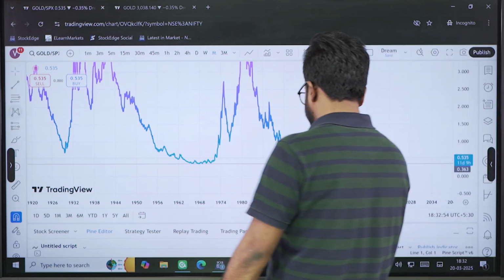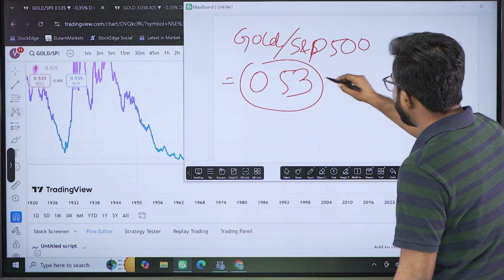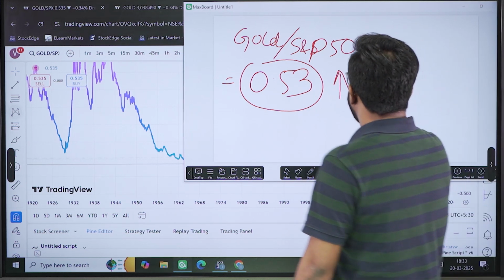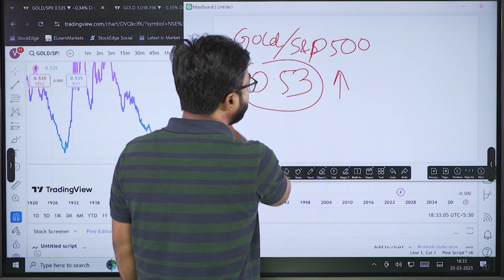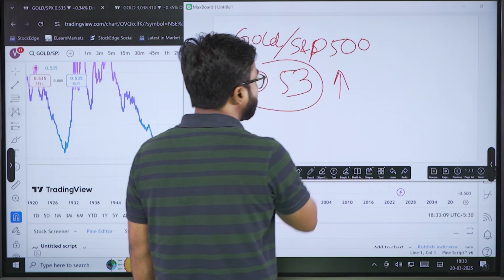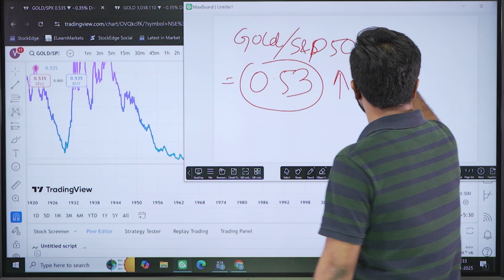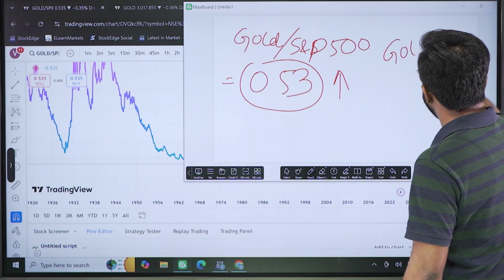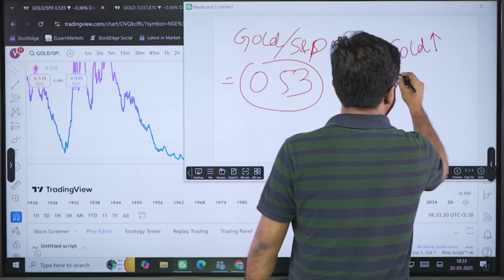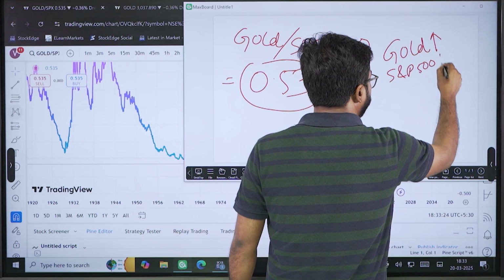So if it moves higher, that means 0.53 should increase, right? If from this particular figure we see an upside movement, what will happen? What are the probabilities? Either gold will rise and S&P 500 will fall.